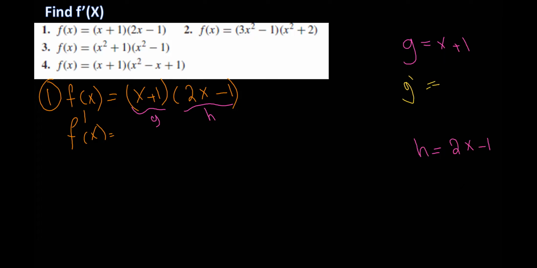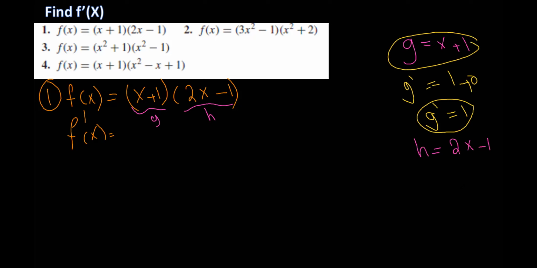What is the derivative of x? 1. 1 plus 0. So g prime here is 1. h is 2x minus 1, so h prime has to be 2. Is it right?